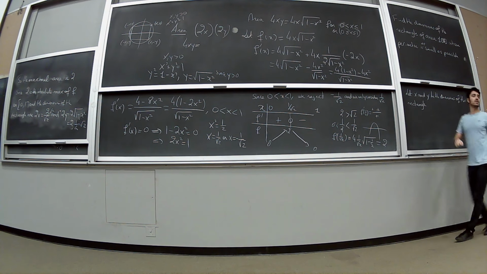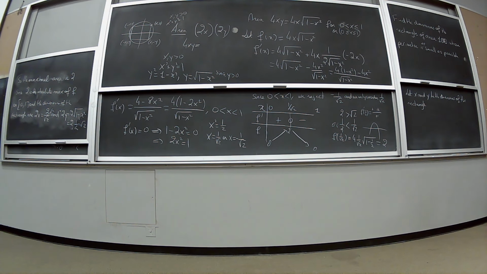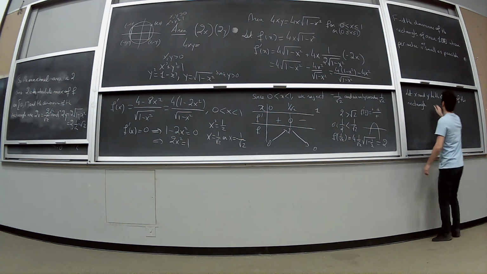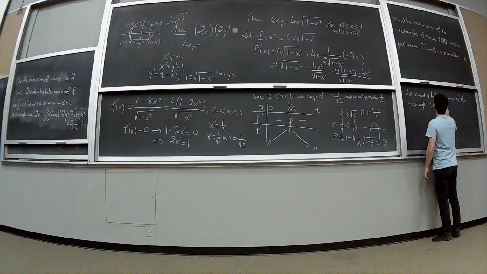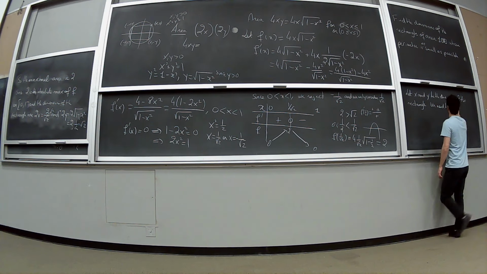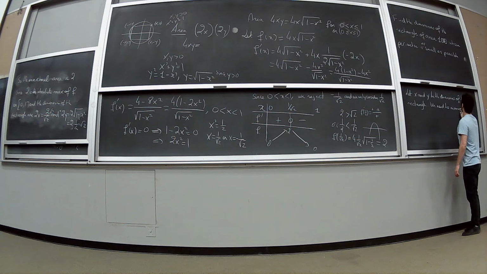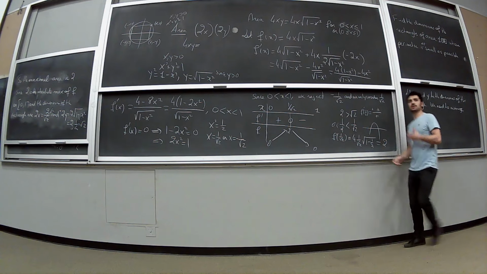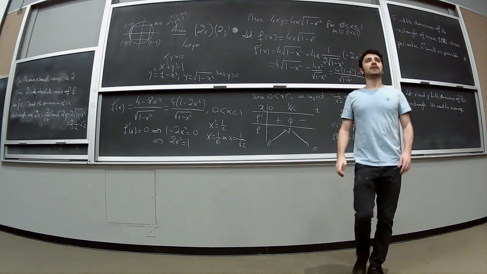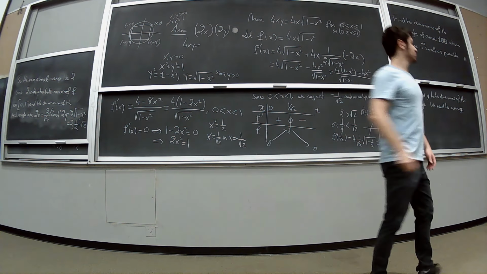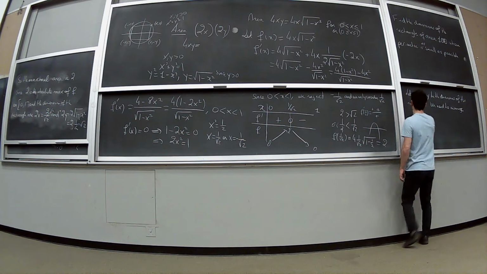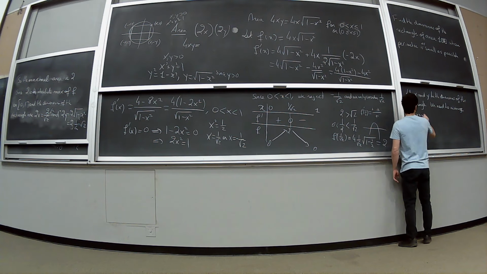What function do you need to minimize? You need to minimize the perimeter. What is the perimeter of the rectangle in terms of x and y? Everybody? 2x plus 2y. We need to minimize 2x plus 2y.